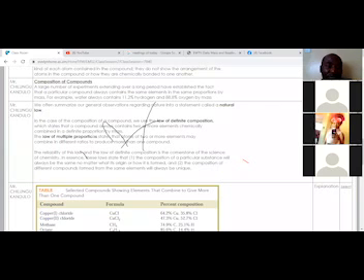So I want to go to the law of multiple proportions, which says two or more elements may combine in different ratios to produce more than one compound, which is also true. If you look at the same carbon and oxygen, you have carbon dioxide, which is very useful.